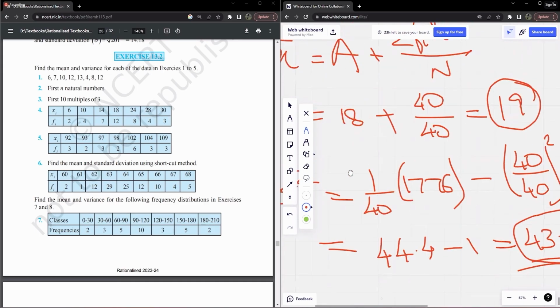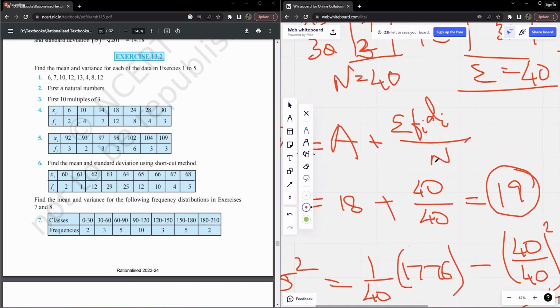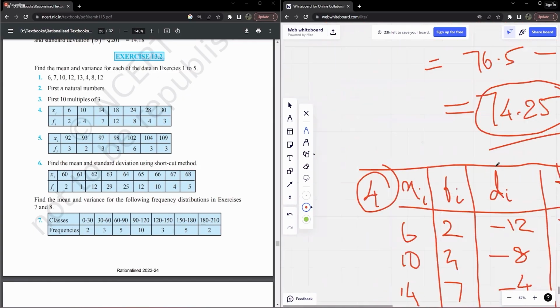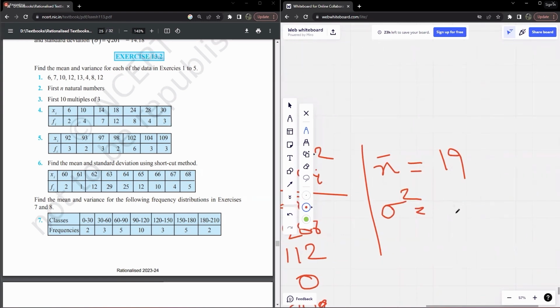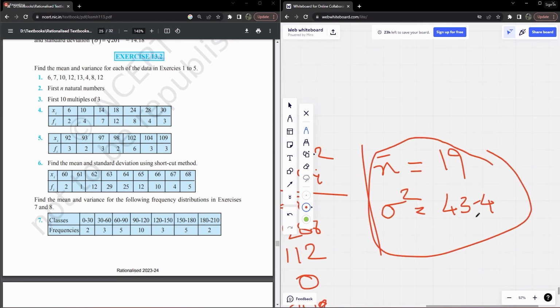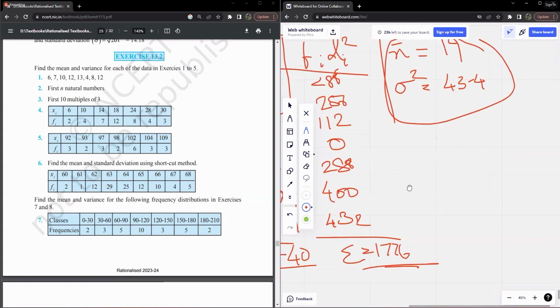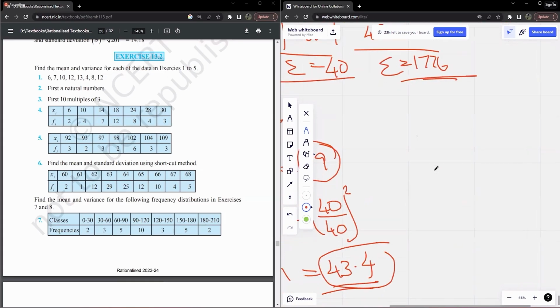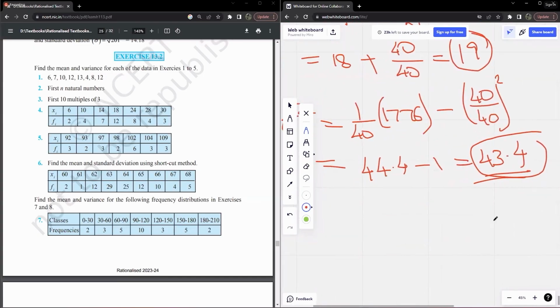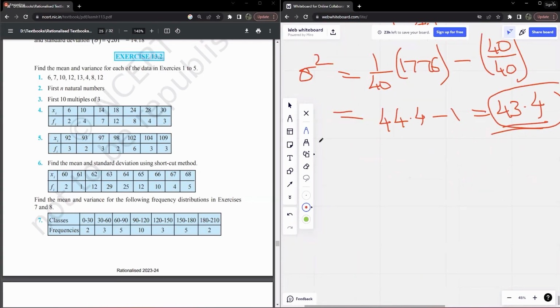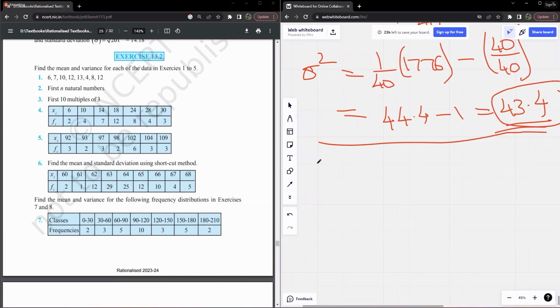So for this question, what we have is x bar is equal to 19, while the variance sigma square is equal to 43.4. Right? Yeah. Going to question number 5.